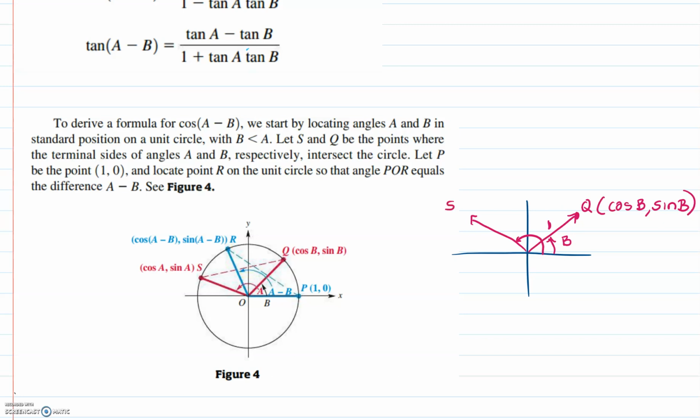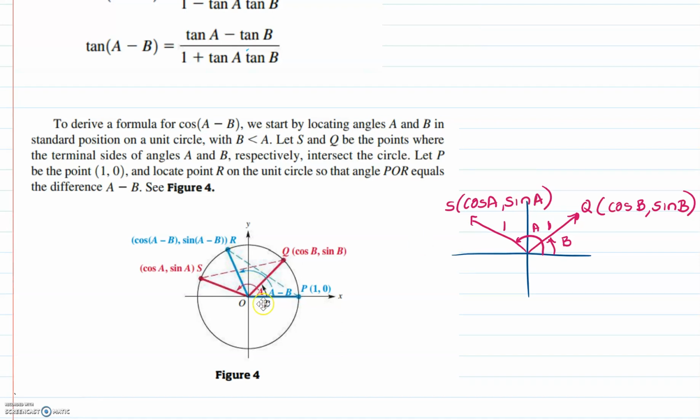And they call that S, and again that's cosine of A, comma sine of A. Again, when this distance is 1, it makes sense because X is the cosine of the angle, that's A, and Y is the sine on a unit circle. So this explains the pink on the unit circle on the left. Now we're going to explain the blue. We're going to do that by reading on.